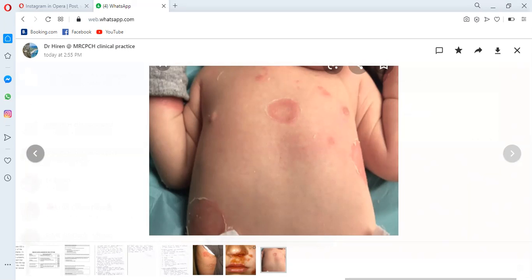I think that the area is more extensive. More than that, there is mucous membrane affection. Also the condition looks toxic. It can present with shock, septic shock.